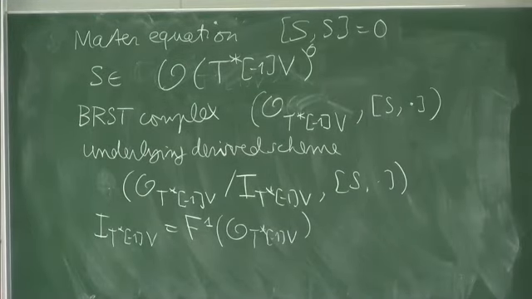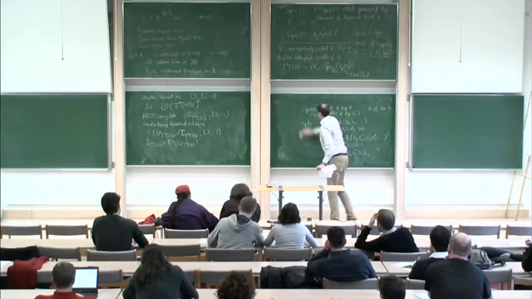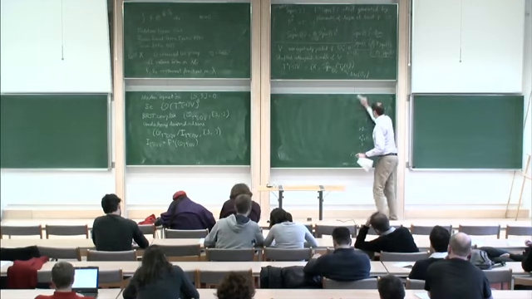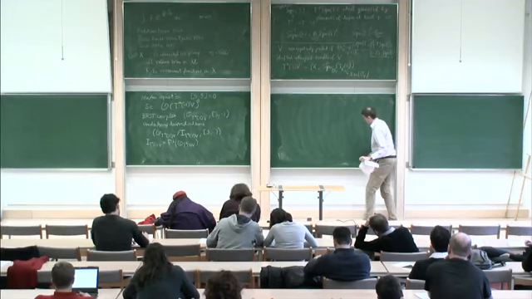Okay, so the next thing I want to say is the definition of a BV variety, Batalin-Vilkovisky variety, which is a kind of an axiomatic definition which encodes what Batalin and Vilkovisky constructed.